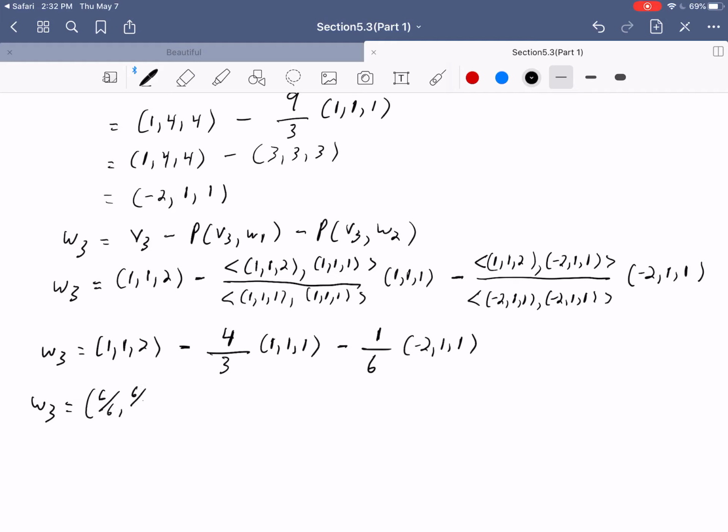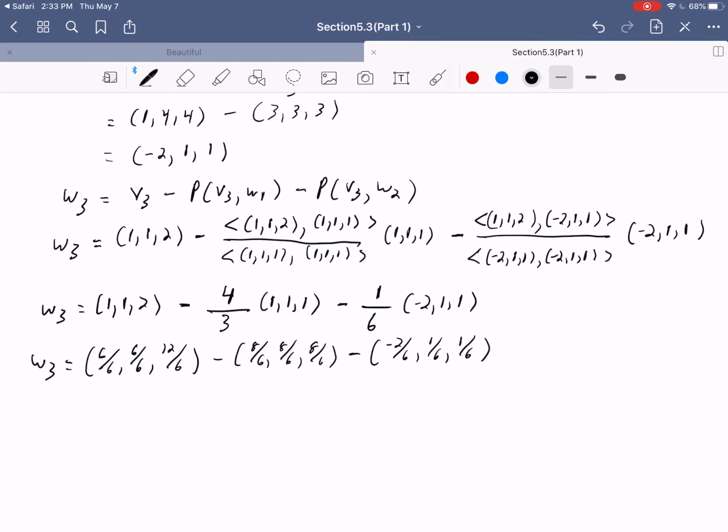6 over 6, 6 over 6, 12 over 6, minus 8 over 6, 8 over 6, 8 over 6, minus negative 2 over 6, 1 over 6, 1 over 6. Putting all that together, W3 looks like it's supposed to be 6 minus 8 plus 2.